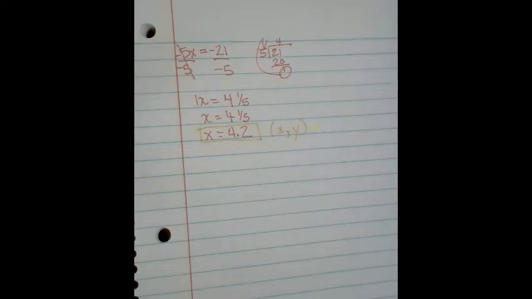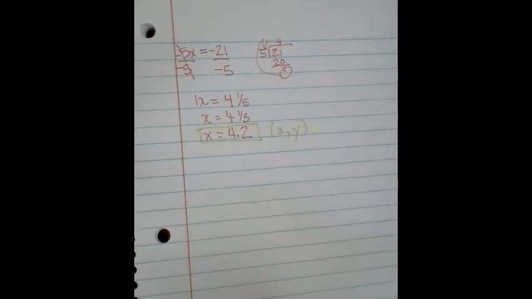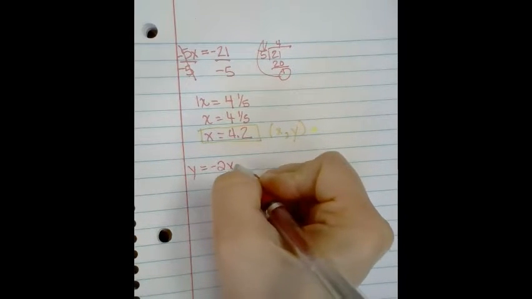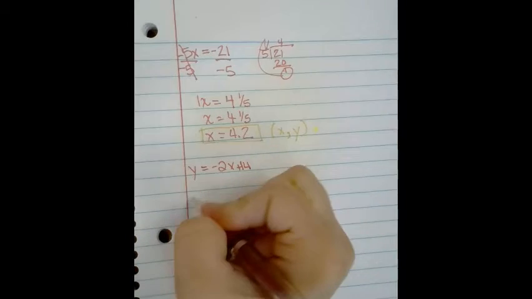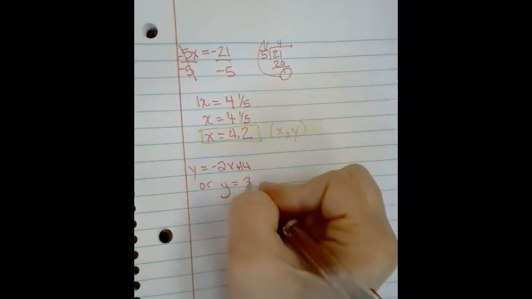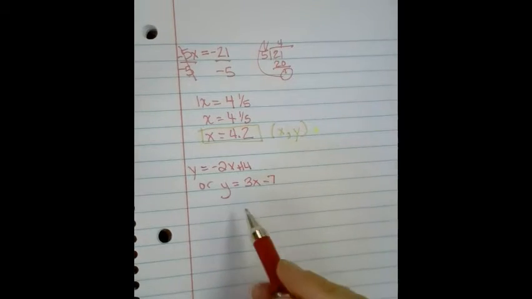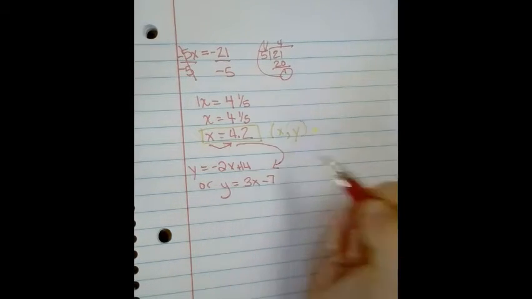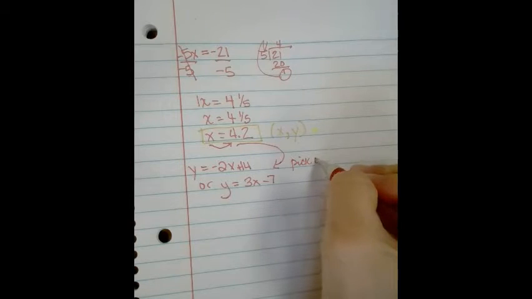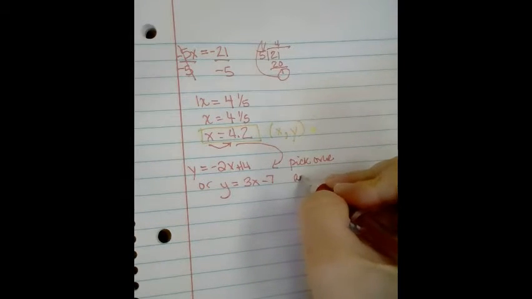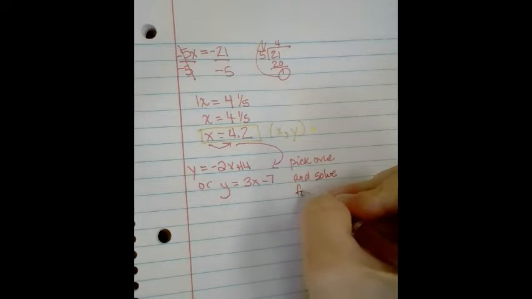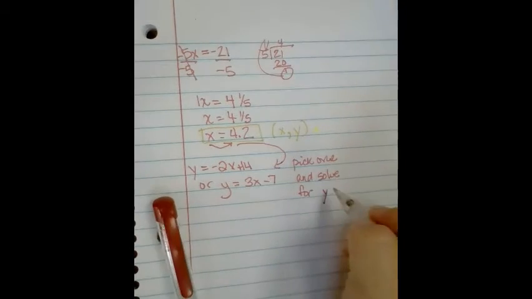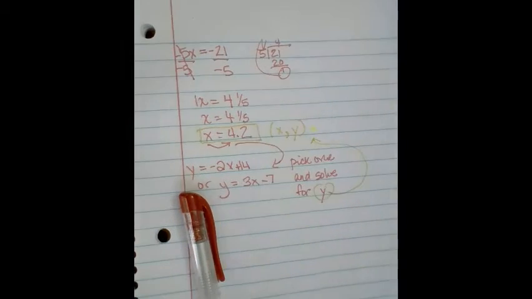What that means is I can take either of the initial equations that I had, either the y is equal to negative 2x plus 14, or the y is equal to 3x minus 7, one of those, and put this value of x into one of those and solve for y, which will then go into the ordered pair of this point.